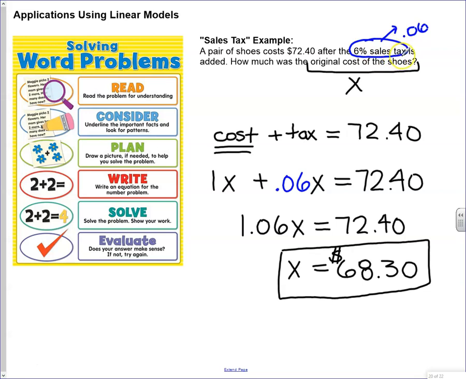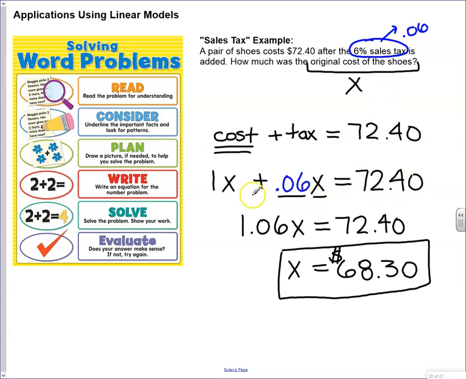Here we're doing a 6% sales tax, and the way that's calculated is we take 6% times X, so 0.06 times X, because we divide 6 by 100, and that's what gives us the 0.06.